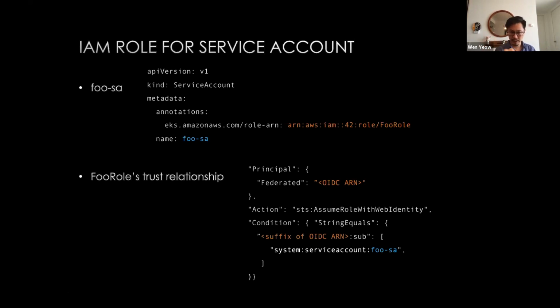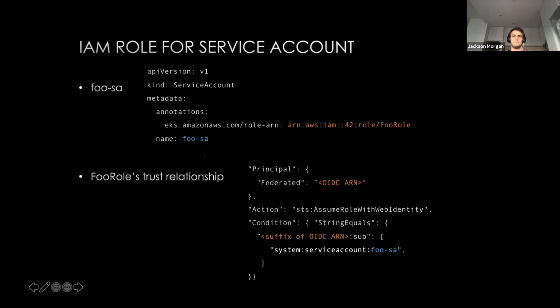Essentially what this document says is that if the caller is the service account, and here the sub means subject, then that service account is an identity that's recognized by the OIDC provider that's attached to the EKS cluster. So that's how it works.